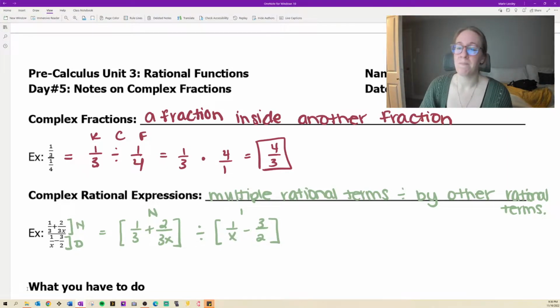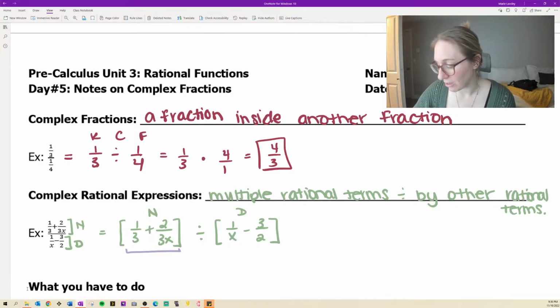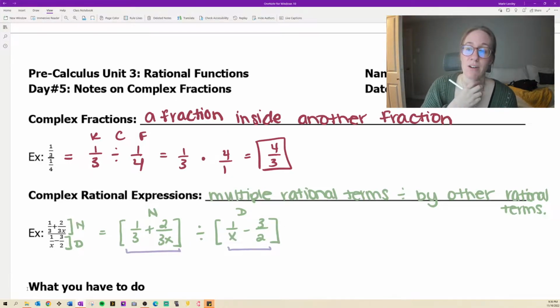This is our denominator. All right, so before we can do the keep, change, flip thing, we actually do need to combine all of the terms of our numerator and combine the terms of our denominator. So we need to actually add these together. So just like any fractions, if you want to add fractions together, you need to create a common denominator.